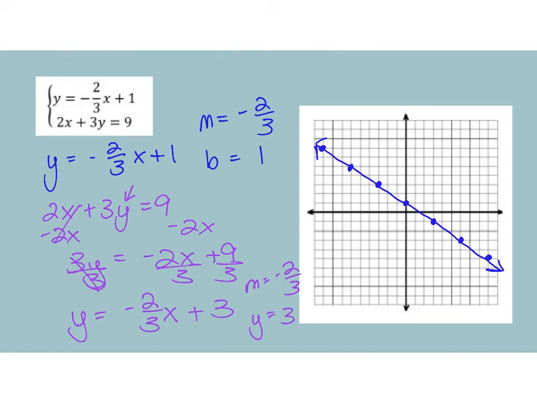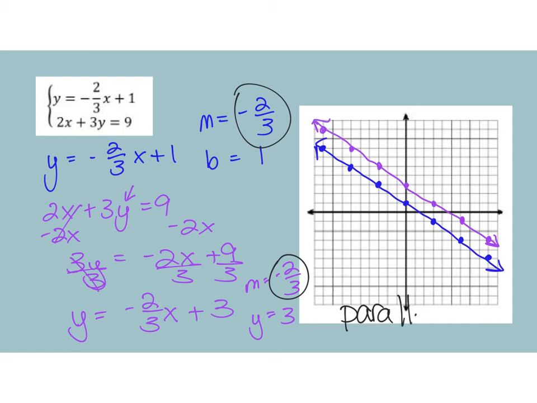Hopefully right now you're noticing that the slopes are the same, but let's see what this looks like. So I have a y-intercept at 3 and a slope of negative 2/3. So up 2 over 3. So here's our other equation of the line. We have these two lines, and because the slopes are the same but we have different y-intercepts, these two would be parallel.